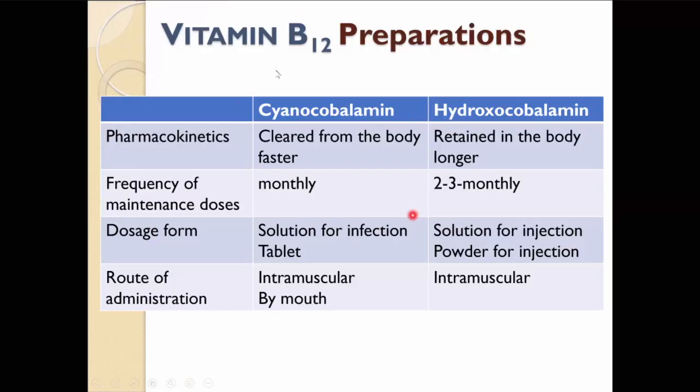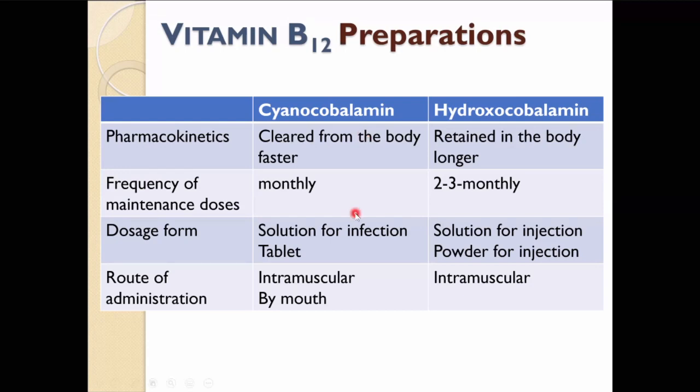Now, vitamin B12, we have 2 preparations: cyanocobalamin and hydroxycobalamin. When you look at the pharmacokinetics, cyanocobalamin is cleared much faster than hydroxycobalamin from the body, so cyanocobalamin needs more frequent maintenance doses.